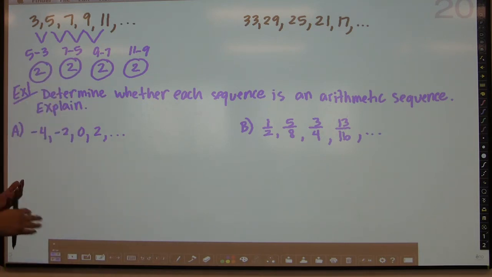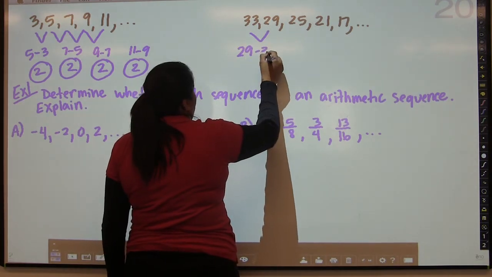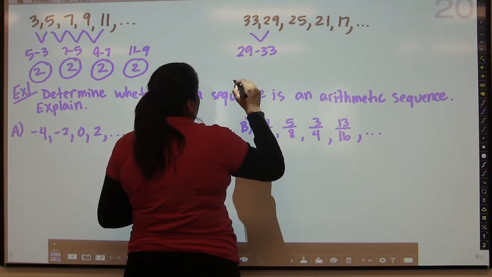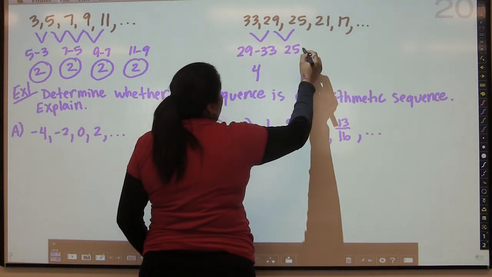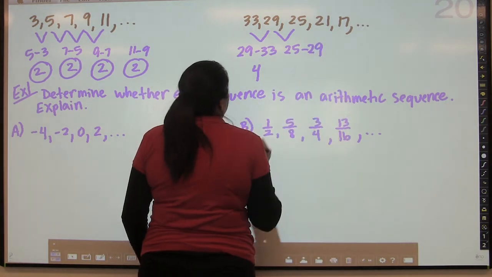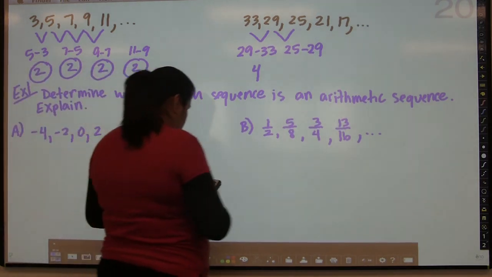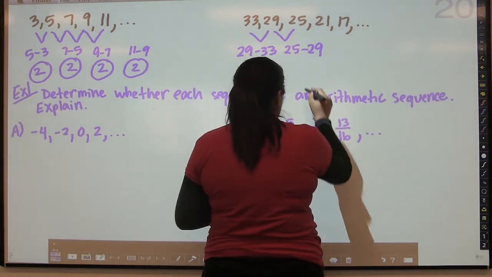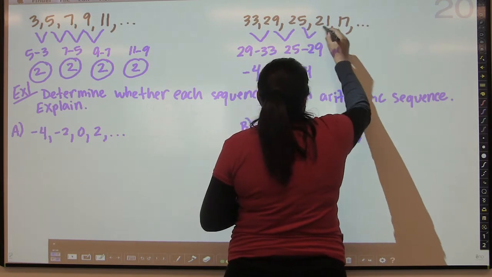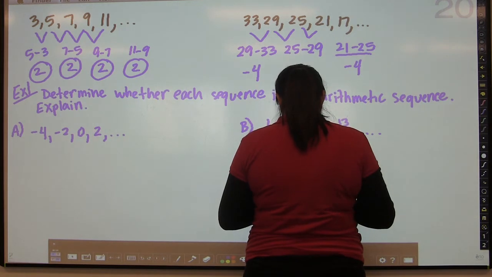Because difference means subtraction. All right, so then for these two, I'm going to go 29 minus 33, which is negative 4. Then I'm going to go 25 minus 29, and that's negative 4 there. Then the next two numbers are 21 minus 25, also negative 4.